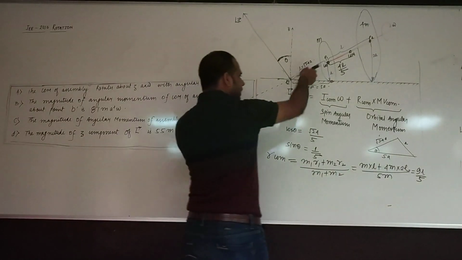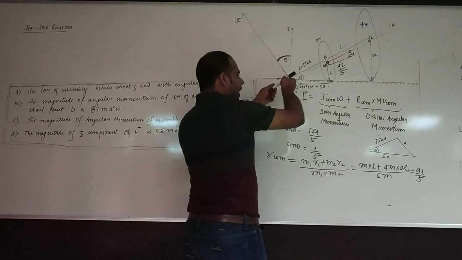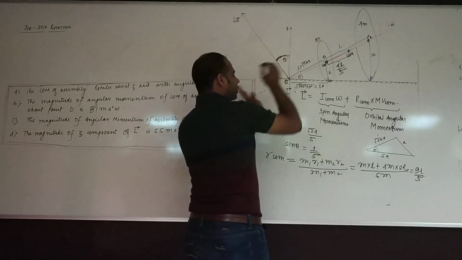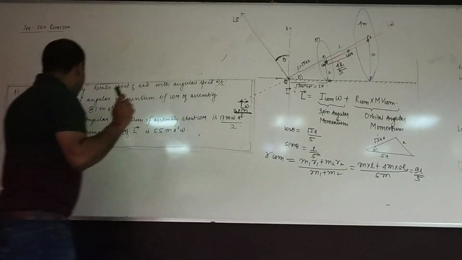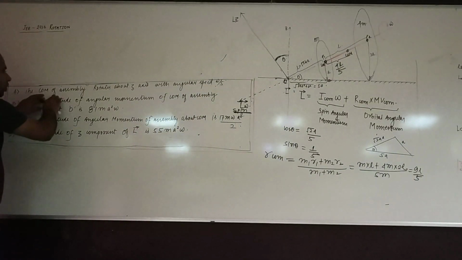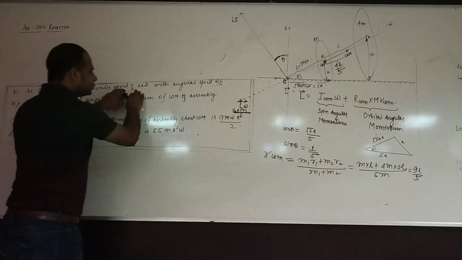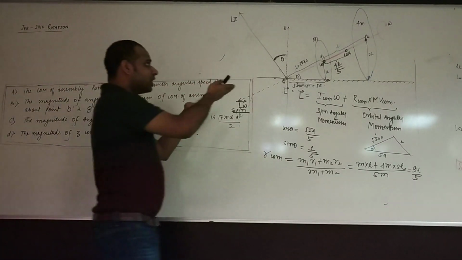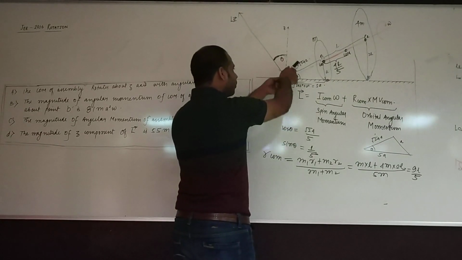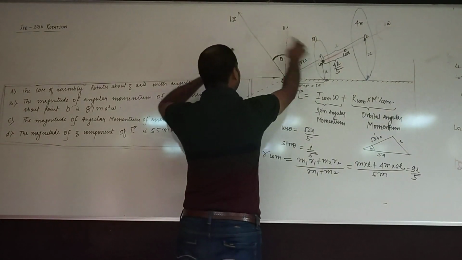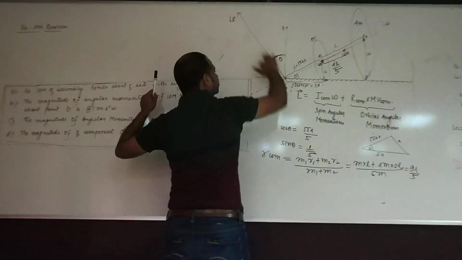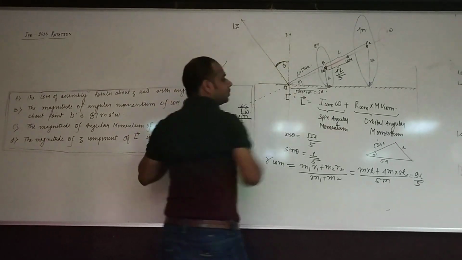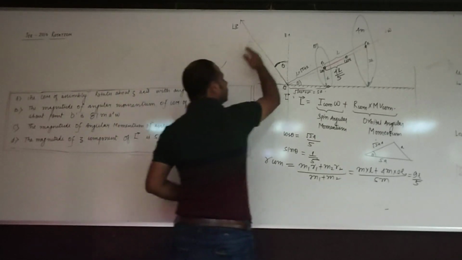Spin is about this axis due to this rotation, and orbital angular momentum is due to its rotation like this about point O. The first part of the question says the center of mass of the assembly rotates about the z axis with angular speed omega by 5. The center of mass is not at all rotating about the z axis. It is rotating about point O, so it has some omega about this axis, not this, but it will have a component on this axis.